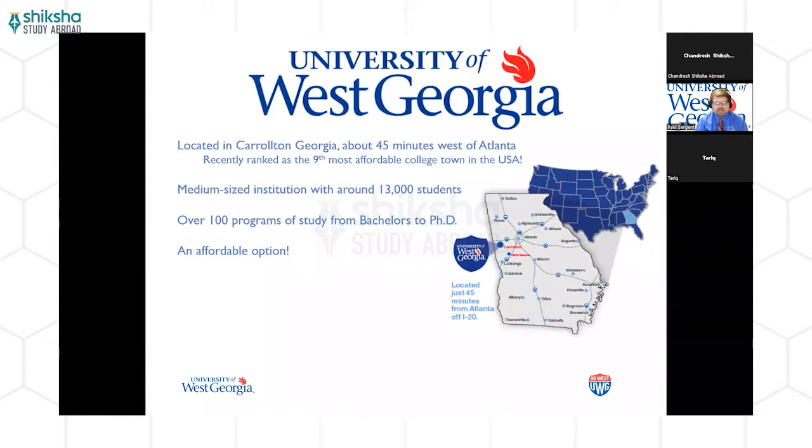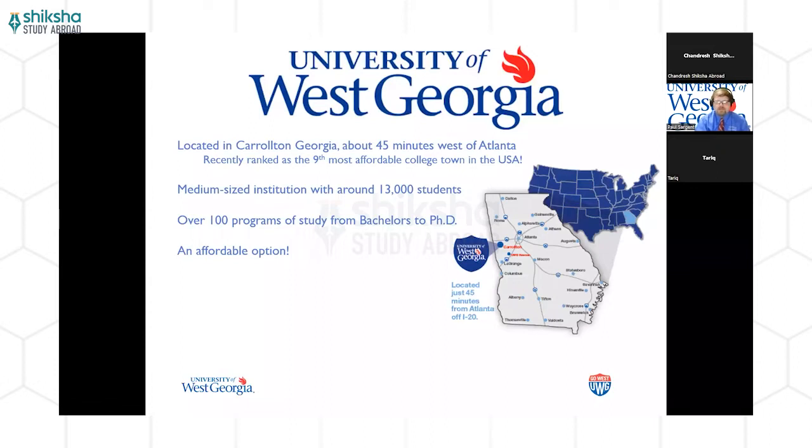Surprisingly, it is quite uncommon for students to know where Georgia is off the top of their head. But we are in a great location, I would say. We are in a very low-cost area of the United States. In fact, our town was one of the 9th most affordable college towns in the United States a few years ago, the last time they did the ranking process.